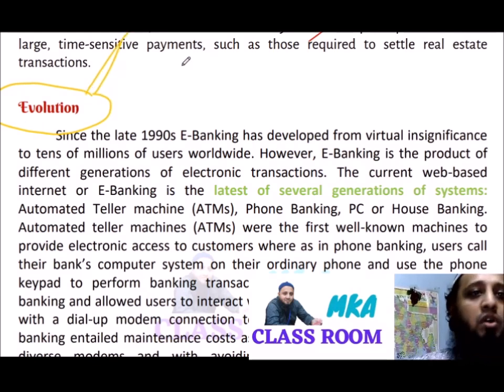Now we will talk about the evolution of electronic banking. That means how electronic banking has developed day by day. Since 1990, e-banking has developed from virtual insignificance to tens of millions of users worldwide. However, e-banking is a product of different generations of electronic transactions.